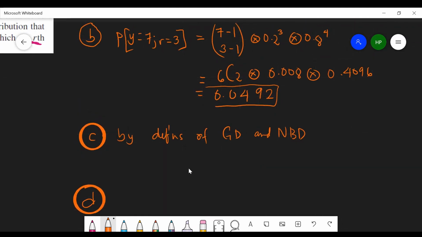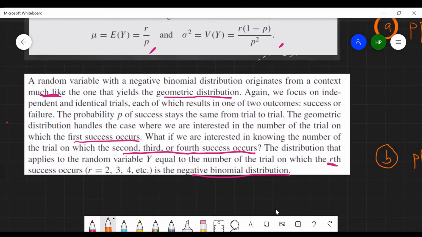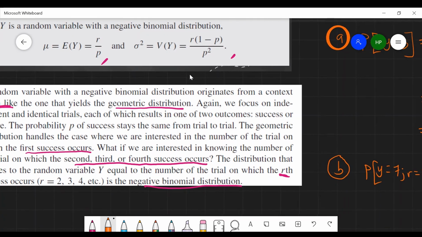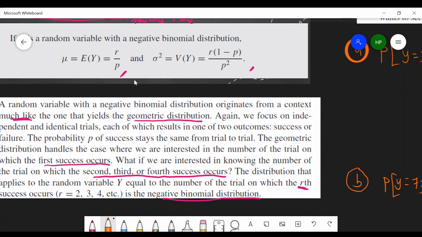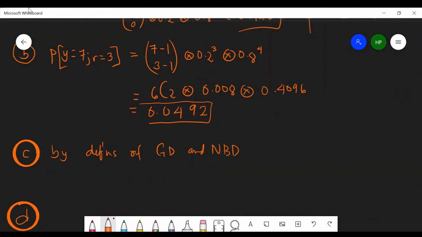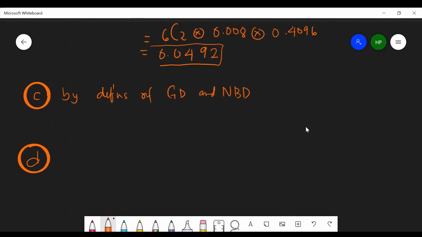Okay? So, balikan natin to. Ito, oh. E of y equals r over p. Expected value of y equals r over p. And the variance of y equals what?